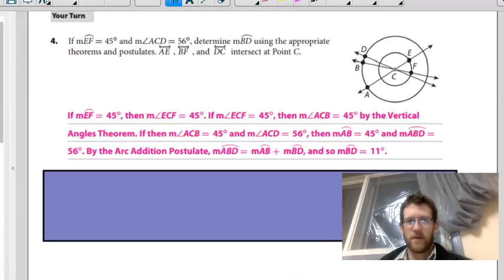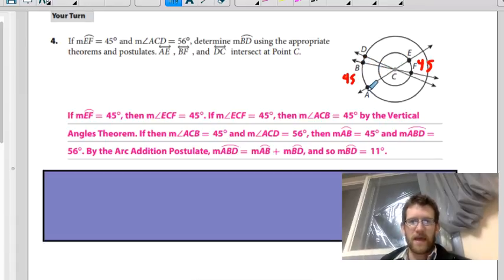We can grab the color here. So E to F is 45. So I'm just going to write, say, 45. Notice here that since we have these straight lines, that means angle ECF is 45, and we have a vertical pair here. So angle BCA is 45 and arc BA is 45. All these things are 45, right?